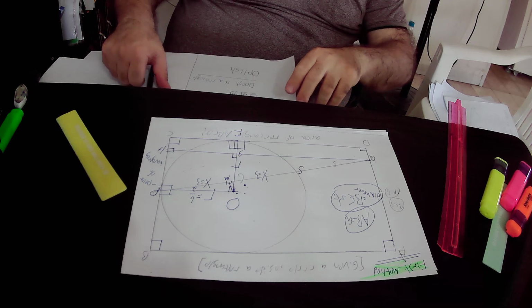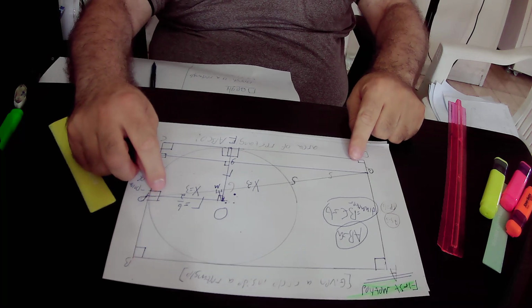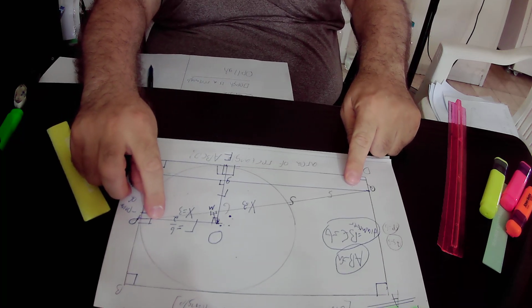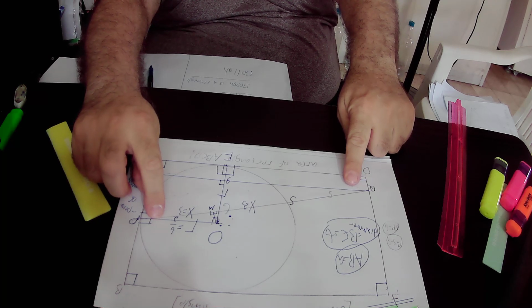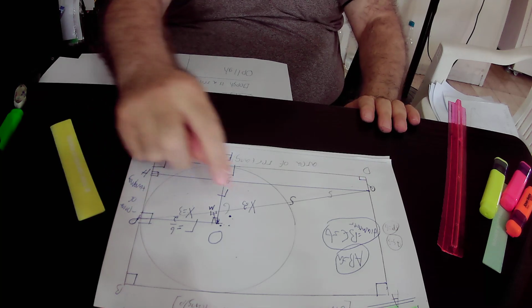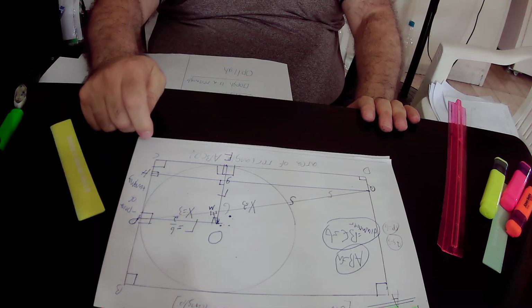Here, those two angles are defined as alternating angles because they are located between the parallel lines OP and QH.